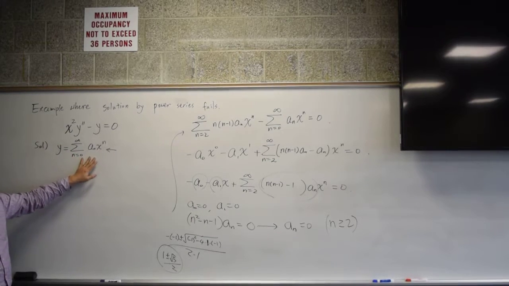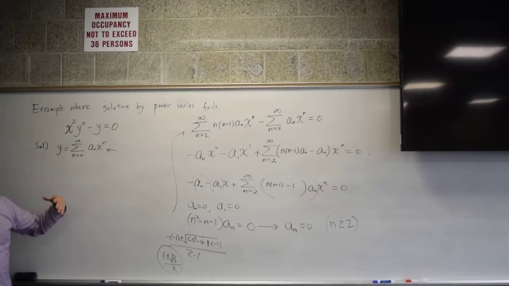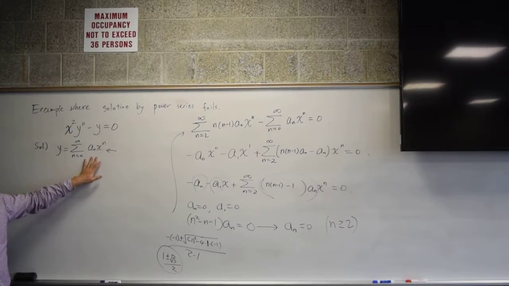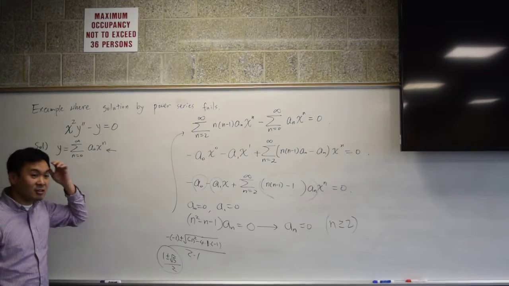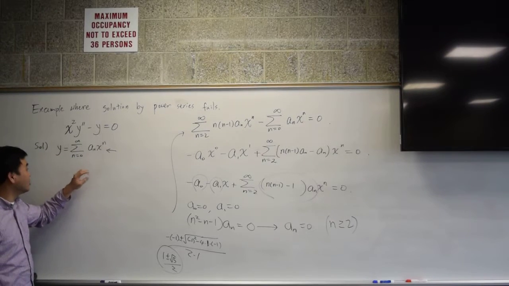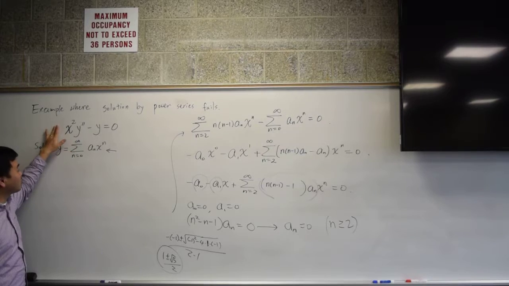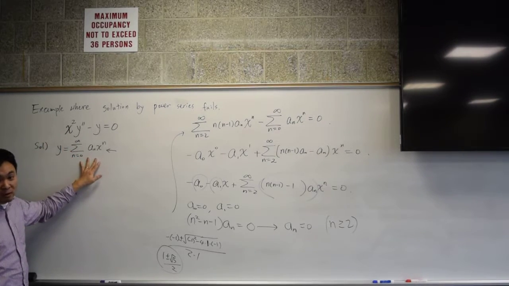So when you're doing this guessing game, when you're trying to guess the solution rather than solving the differential equation, sometimes you start with some kind of an ansatz. Ansatz means sentence in German. So you start with some sentence predicting that the solution of such and such should be of this form.